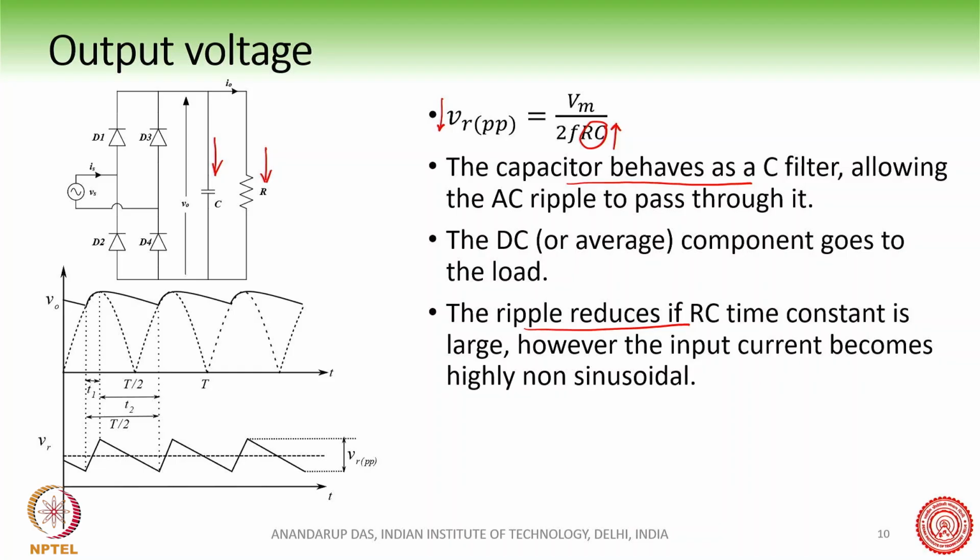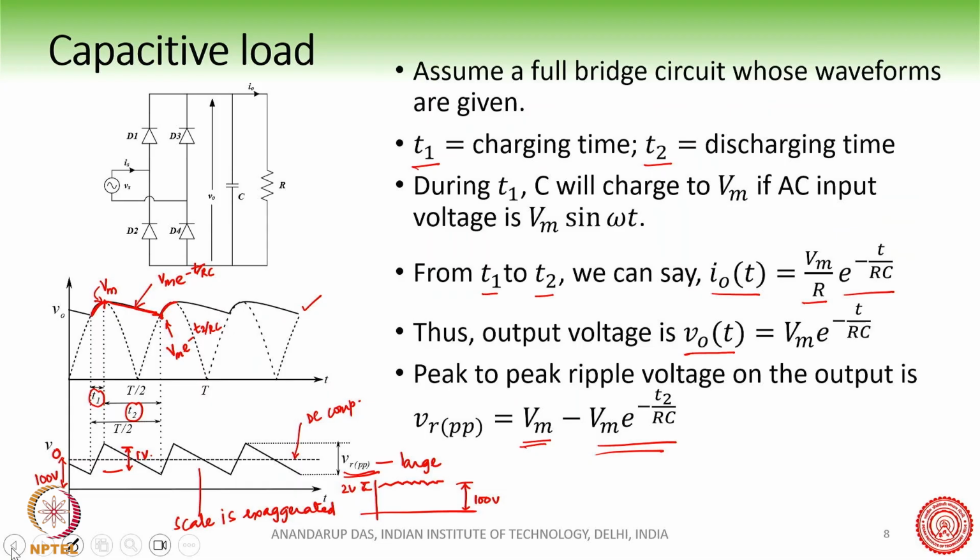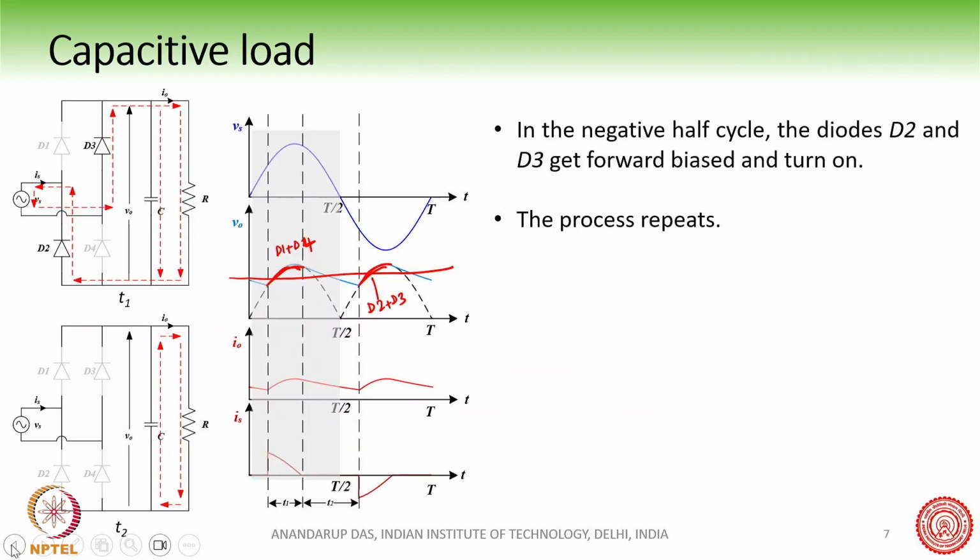But what will happen is, if you see carefully, the input current becomes highly non-sinusoidal. Why is it so? Here you can see that this input current will become highly non-sinusoidal.